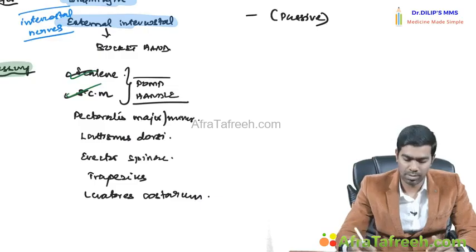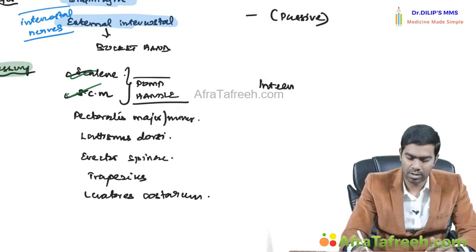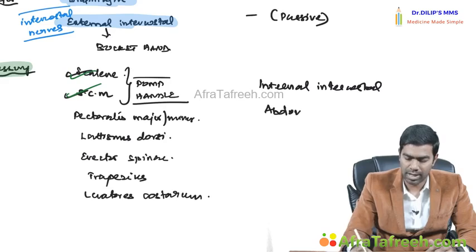That time your muscles might come into play, like the internal intercostal muscles, then your abdominal muscles. What are the classic abdominal muscles that help you in expiration? Those are the external oblique, internal oblique, transversus abdominis, and rectus abdominis. Classic abdominal muscles that help you in forced expiration.